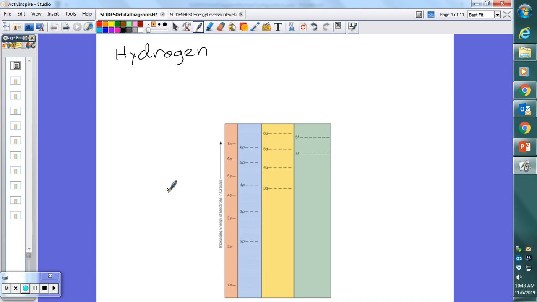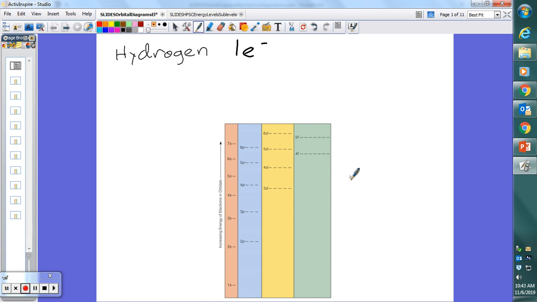We said the atomic number tells us about two things of the atom. What two things does the atomic number tell us about an atom? Number of protons and the number of electrons. You guys have already done this, so you know this in your head. But when we're talking about hydrogen, we only have to worry about one electron.